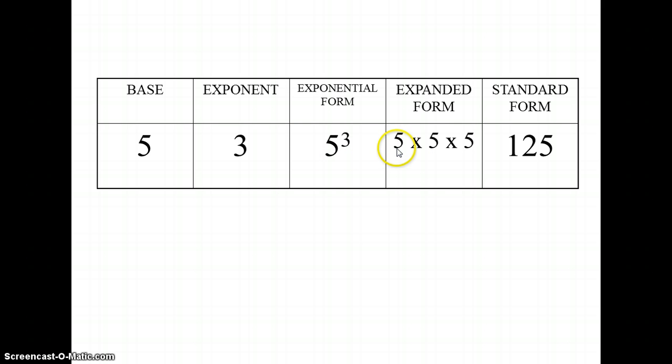The expanded form is the base written out however many times the exponent is. So 5 to the third power would be 5 times 5 times 5. And standard form is what we're used to seeing when we have a multiplication problem. That is, the final product is called standard form.